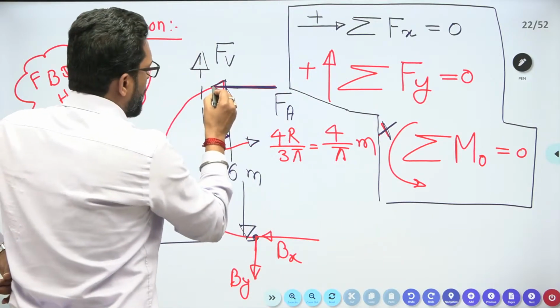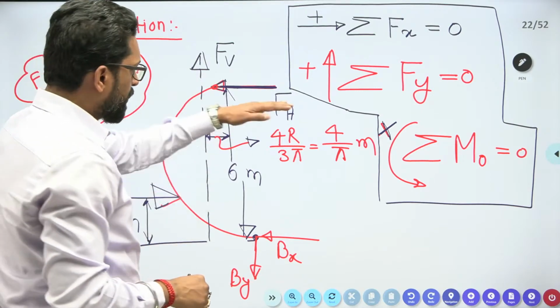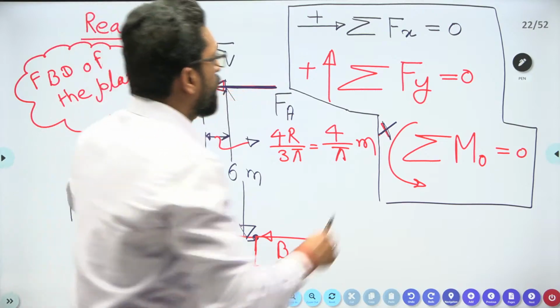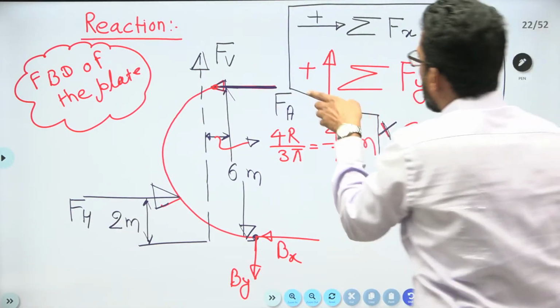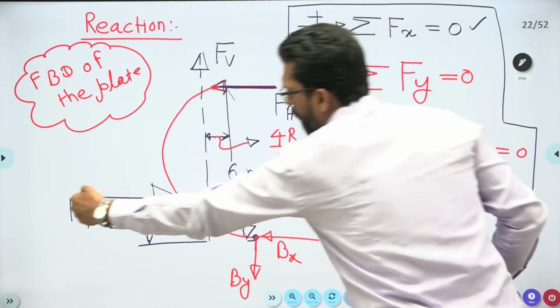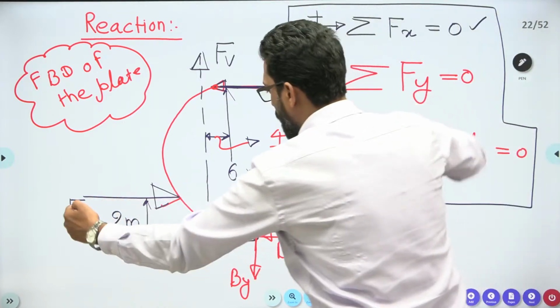So if you find the force at A, in which direction is it? Horizontal direction. So net force in the horizontal direction: minus FA is equal to plus FH. Yes or not? What is the horizontal force?